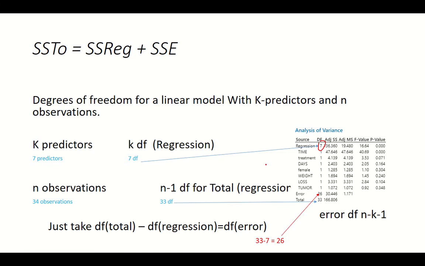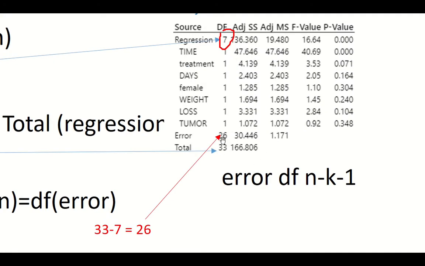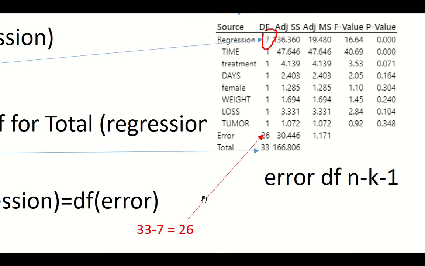Now for the total, we have to take n minus 1 degrees of freedom. So over here, you'll have n minus 1 for 33, and then you just take those two difference, and that'll give your degrees of freedom for your sum of squares error.